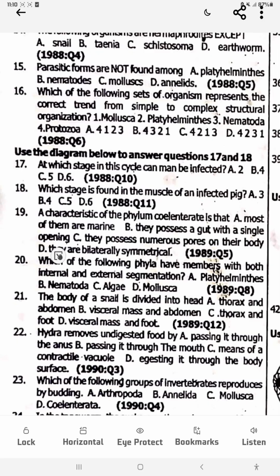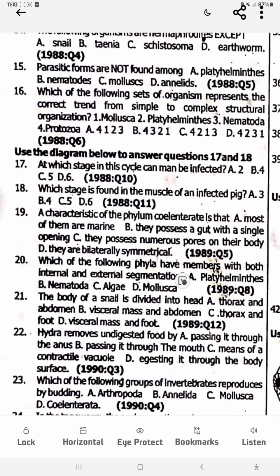Hydra is like a sack. There is only one opening; if you put your hand through, the other side is covered. Food goes in and waste comes out through the same place, the mouth. That's just an example. They possess a gut with a single opening. An example is hydra.